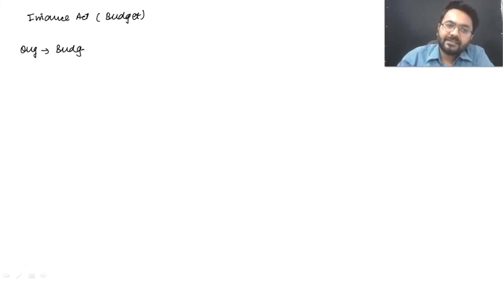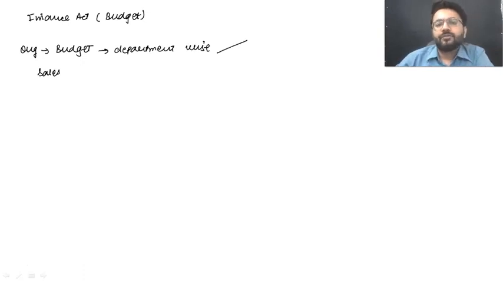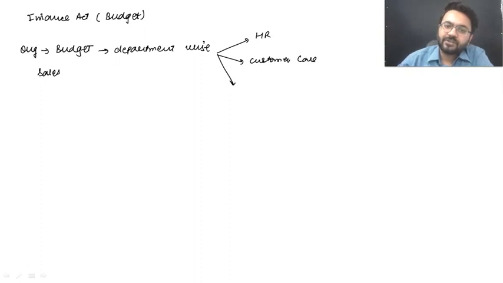In this budget, they are going to have their projected sales, and after that, they are going to decide the budget for every department wise, that how much money. You have the human resource department, you have customer care, and you have the production department.